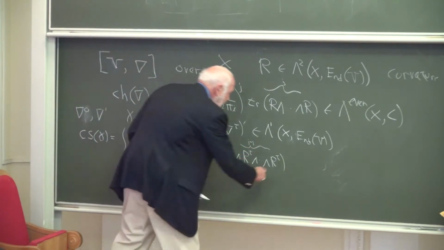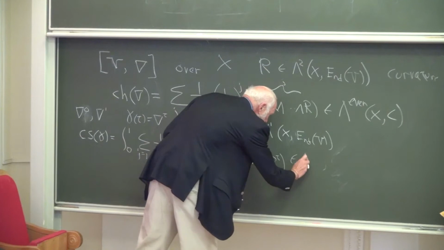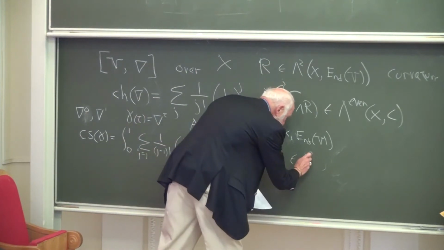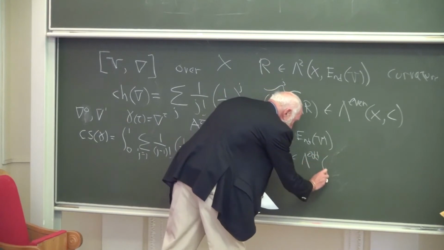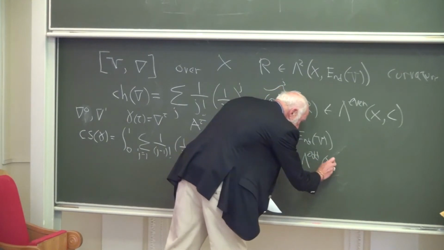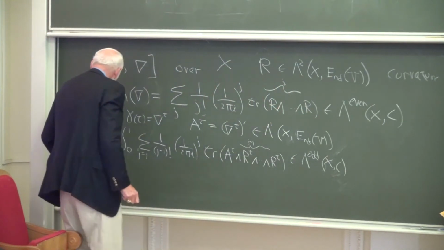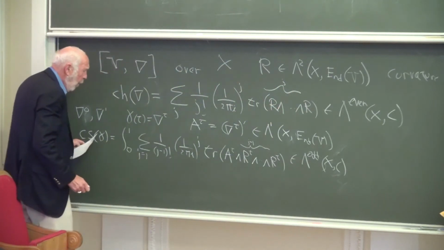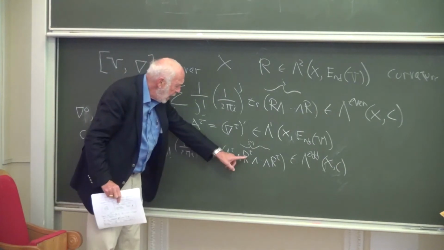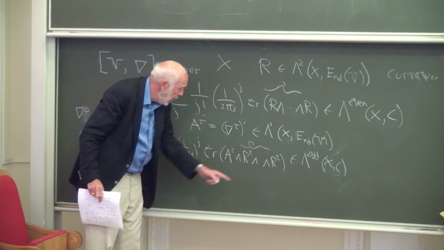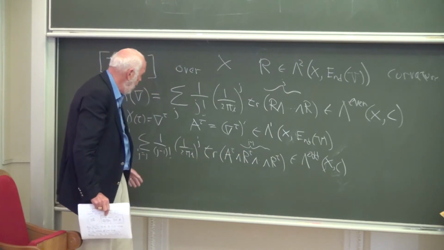And this is contained in wedge odd of X with coefficients in C. So here's a form. R upper t is the curvature of the t-th connection, and it varies. And A upper t we've just defined.